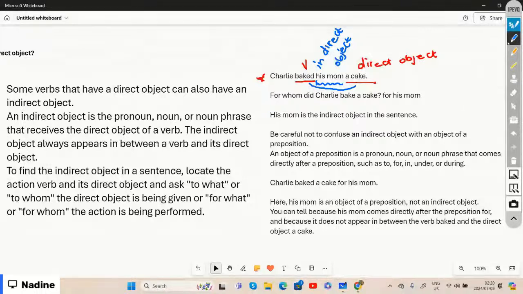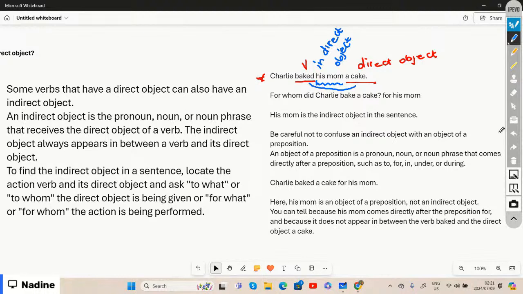And if we look at another example, before we go on, remember we said that an indirect object appears between our verb as well as our direct object. It tells us to whom or for what the action is being performed, or to whom it's being given.